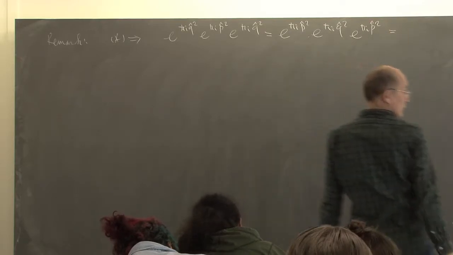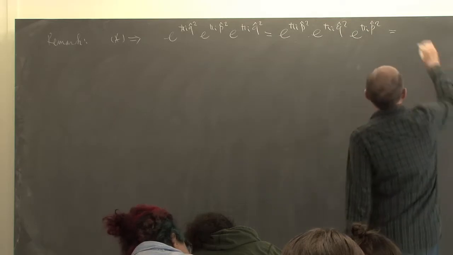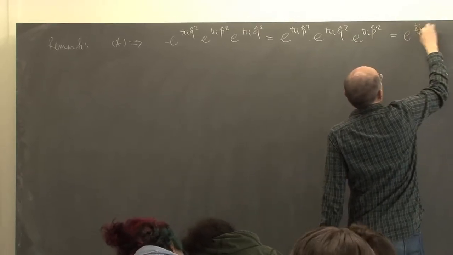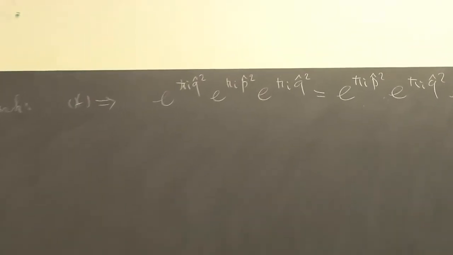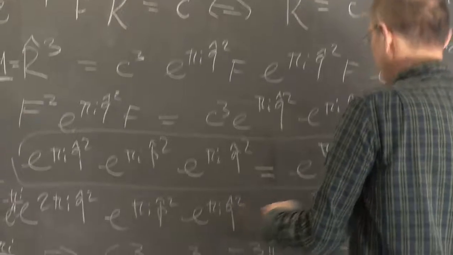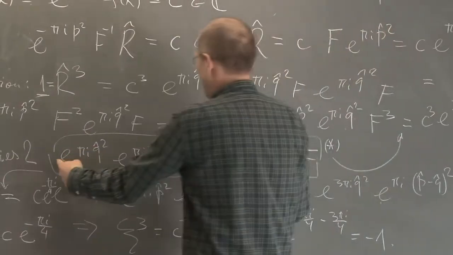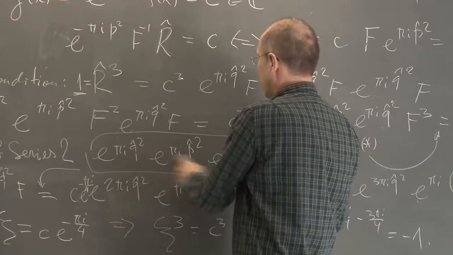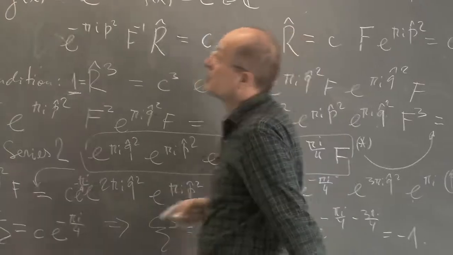And all this is equal to e^{pi i/4} f. So the left-hand side is just this equality. But the right-hand side, what is it? I just conjugate this equality by f. F commutes with f, so the right-hand side doesn't change. But if we conjugate term by term here, then q becomes p, p becomes q.